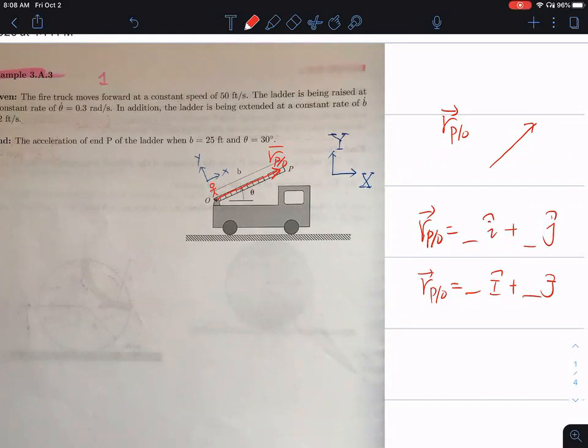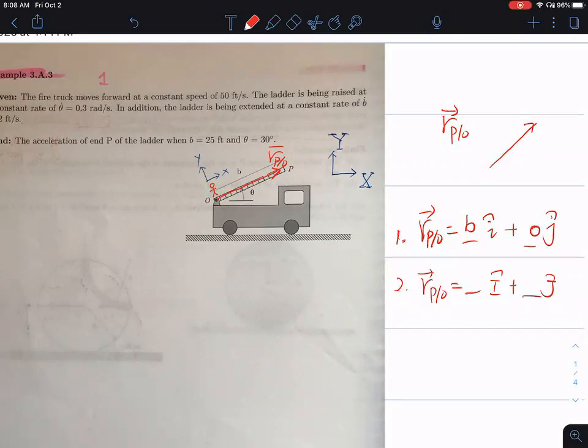So what is in front of i? Let's look at the first equation. Can someone tell me the value in front of i? B. What is the value in front of little j? 0.